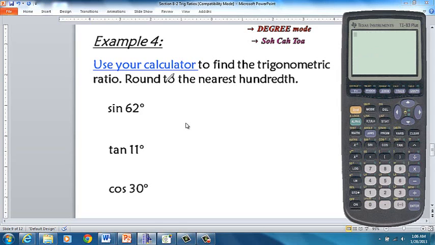If I want to find the sine of 62 degrees in my calculator, I hit sine 62 and enter. We're going to round to the nearest hundredth, so it would be 0.88. Okay, for the tangent of 11, we get 0.19, and for the cosine of 30, 0.87.